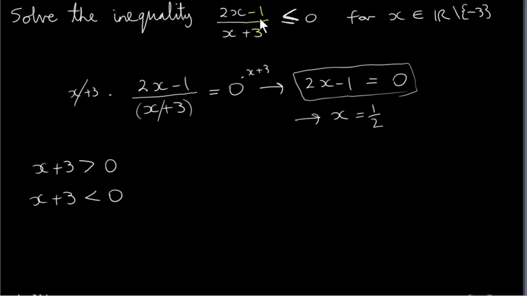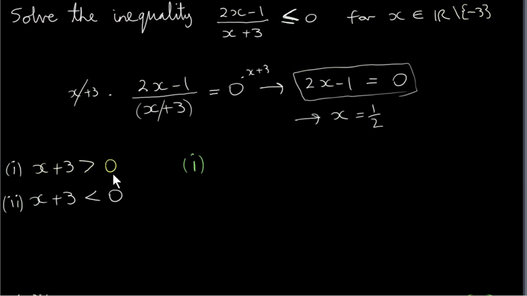However, if we multiply both sides by something negative, if x plus 3 is negative, then the inequality changes direction. So we have to look at two separate cases: the case where x plus 3 is positive and the case where x plus 3 is negative. x plus 3 cannot equal 0, because if it did, we would have division by 0. This function is not defined for x equals minus 3.